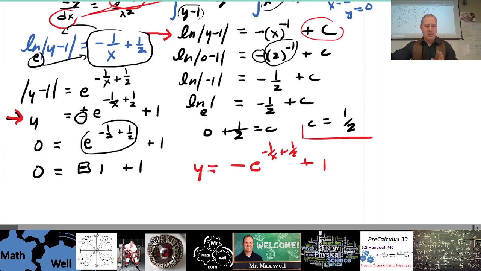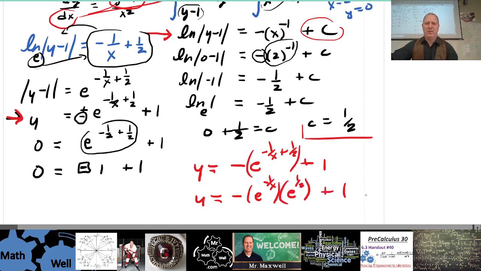So this technically is okay, but if you remember that, I guess this is the tricky part because of the negative. So if that's a negative there, you could see this as e to the negative 1 over x times e to the 1/2 plus 1. Is that gonna help?